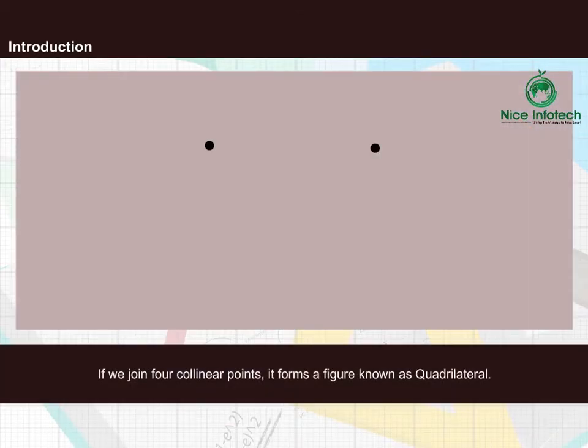We know that joining of three collinear points forms a triangle. Now, if we join four collinear points, it forms a figure known as quadrilateral.